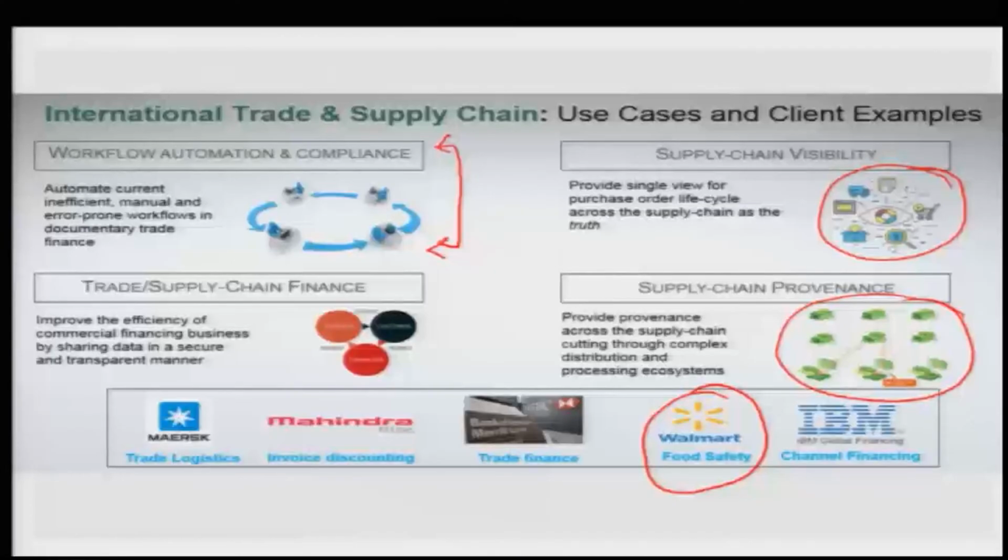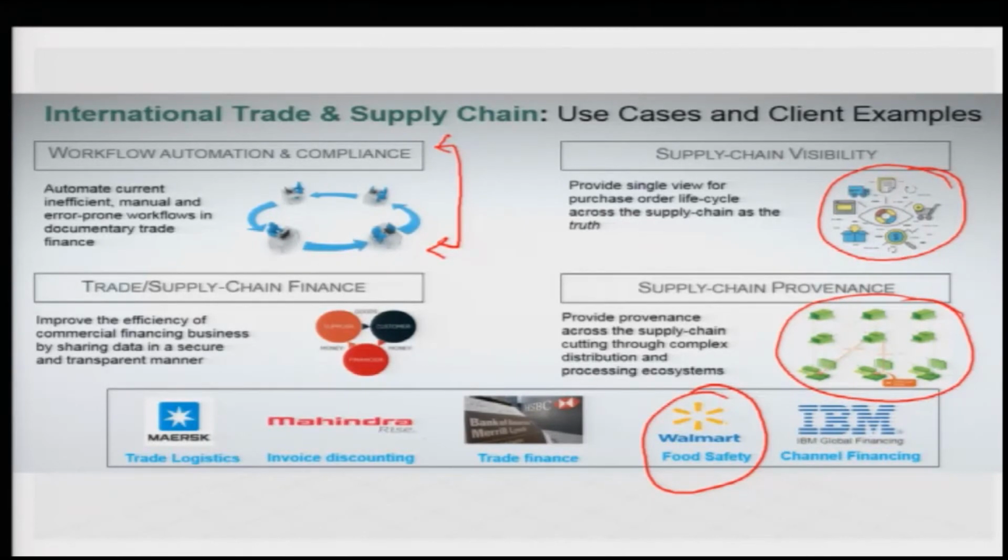Now suppose some particular batch of meat turns out to be bad. One has to know where that meat came from, and which other Walmart stores have the same batch of meat, and then it has to be taken off the shelf, and the corresponding payment and reimbursement and all that stuff has to be done by the supplier.